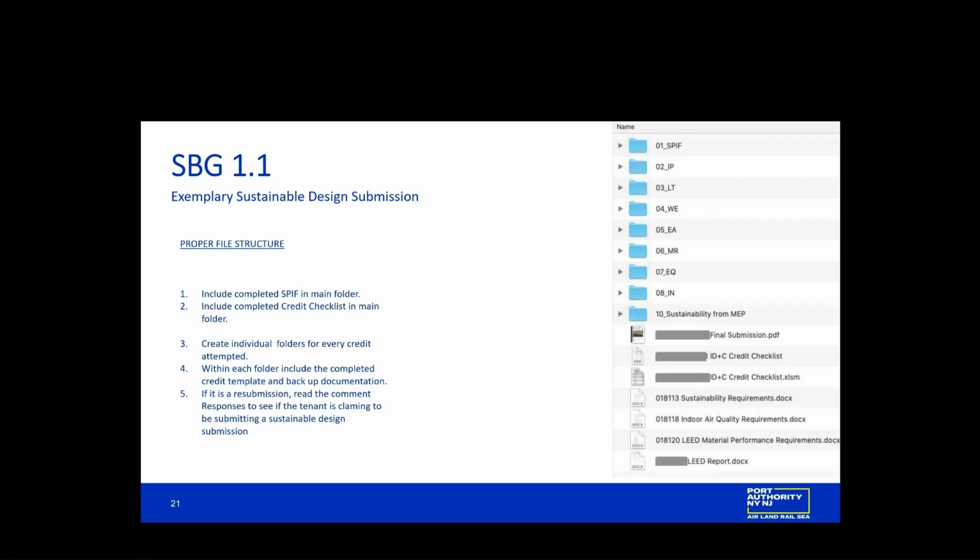Within each folder, you complete each credit. Within each folder, the completed credit templates and backup documentation will be stored. And if it is a resubmission, read the comment responses to see if the tenant is responding to our comments. This is for the tenant coordinators to check whether they are responding to our comments or not.